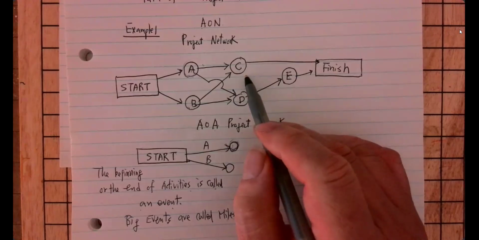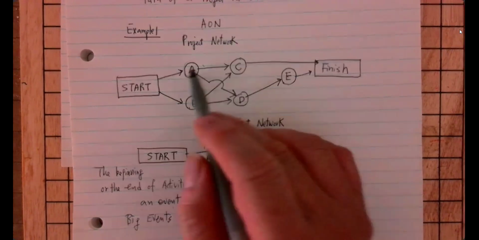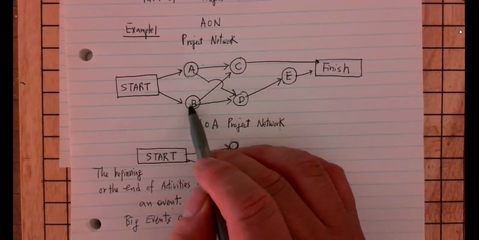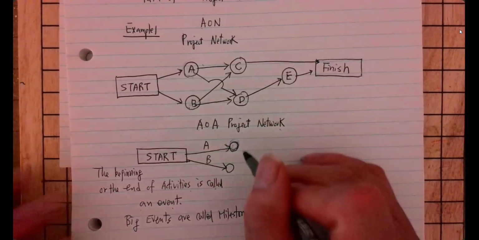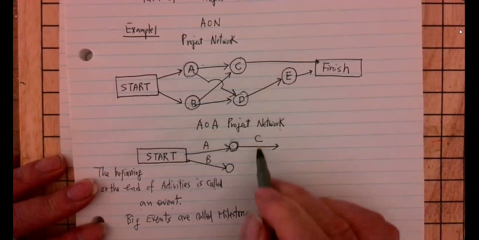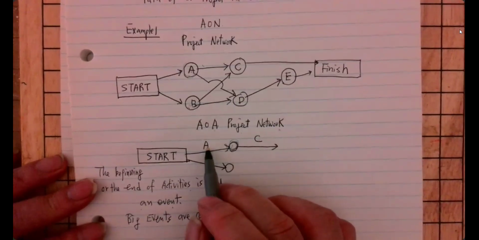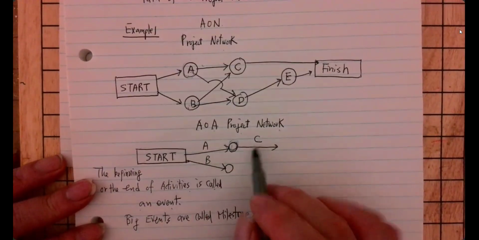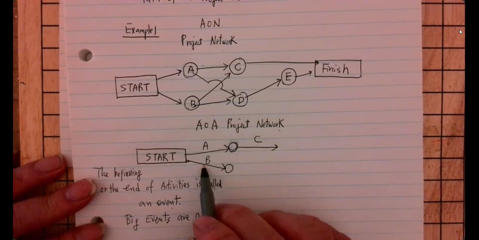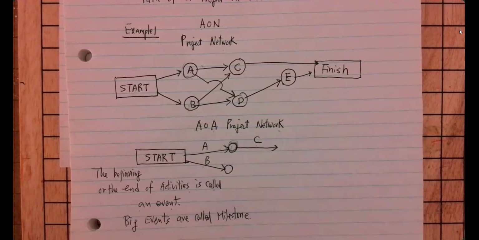Now, A and B. In this AOA project network, we know we cannot begin C until both A and B are completed. So if I place C here, then it only says C is right after A. We don't know C needs to be also after B. So how can we fix the problem? Think about it.